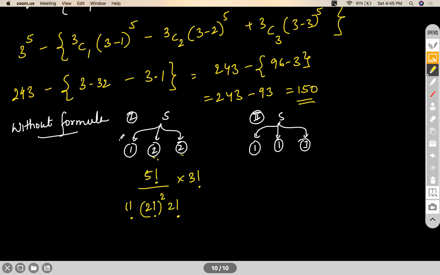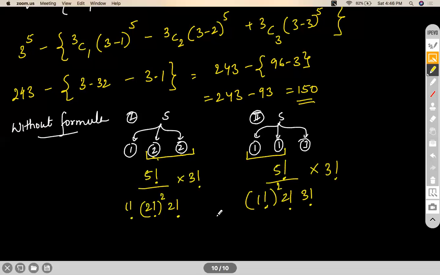That means you can have 1, 2, 2, you can have 2, 1, 2, you can have 2, 2, 1, like that kind of a scenario. Here also, this can be 5 factorial by 1 factorial, 1 factorial, or you can say 1 factorial square, and by 2 factorial, because 2 groups are of identical sizes, just like here, these 2 were of identical sizes, by 3 factorial, and into 3 factorial because they can change hands.